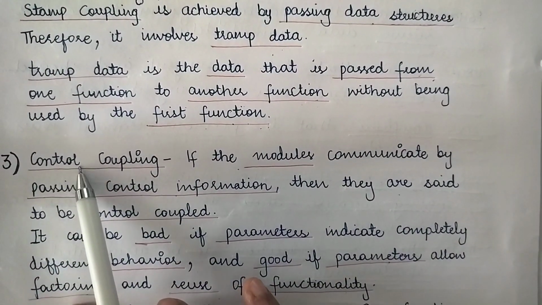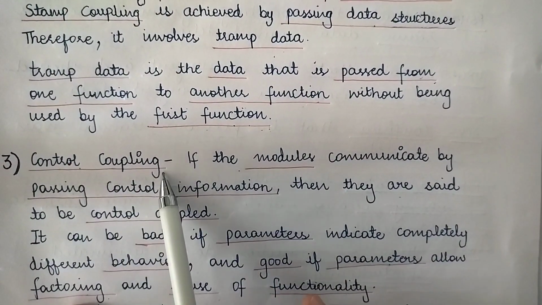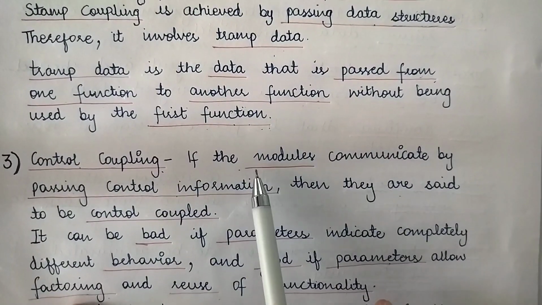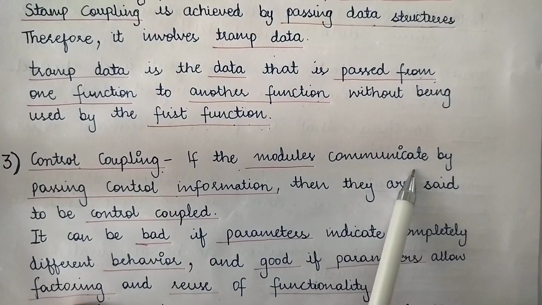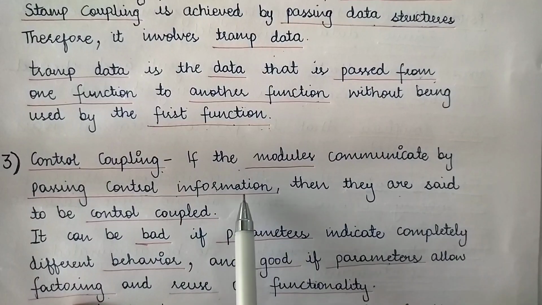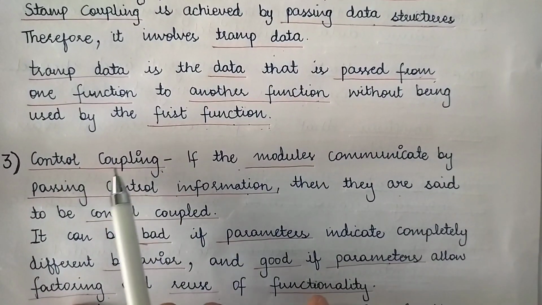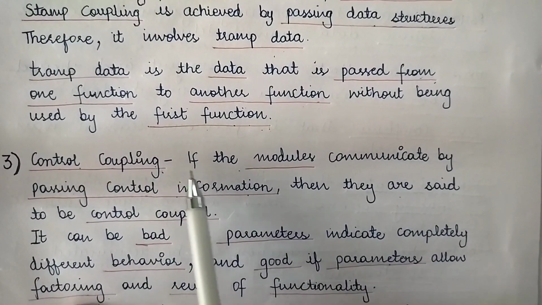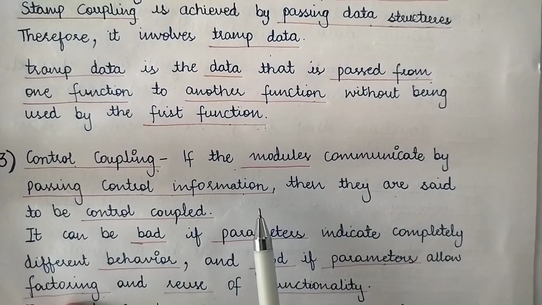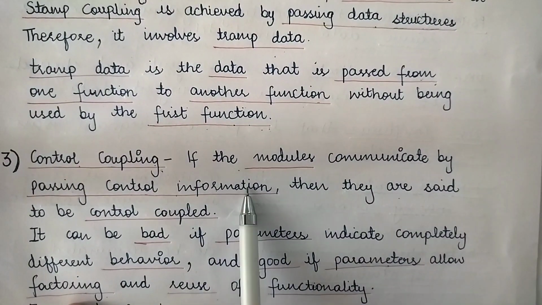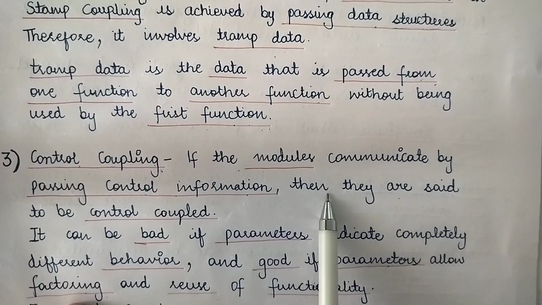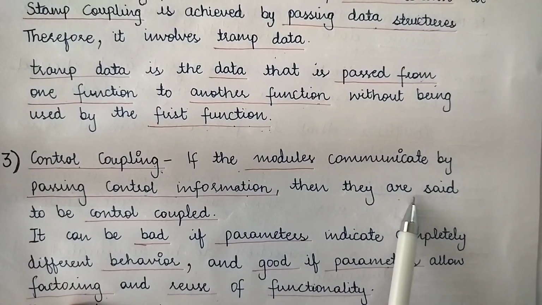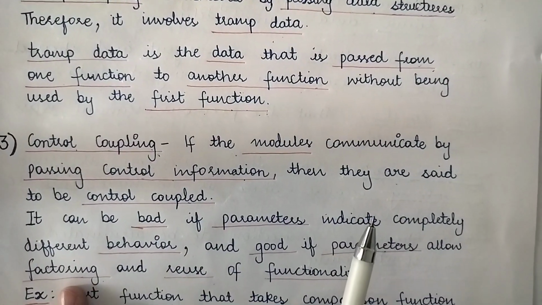Now the third kind of coupling is control coupling. In control coupling, the modules communicate by passing control information, that is why the name control coupling, because what is being passed as a parameter for the communication between modules is control information, and such modules are said to be control coupled.